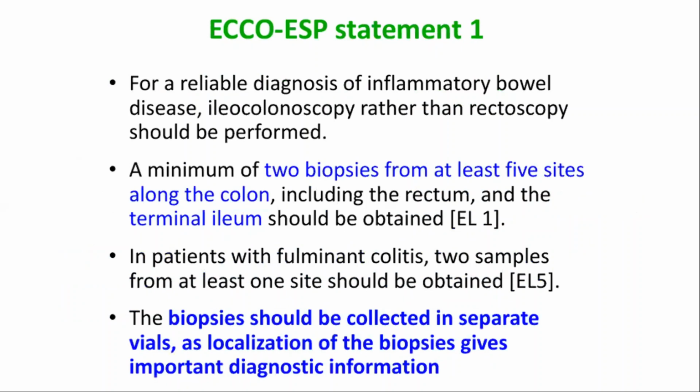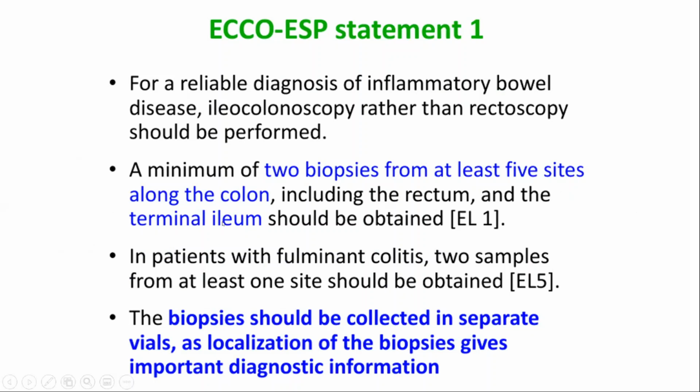Another statement from this consensus is that a reliable diagnosis should be based on ileocolonoscopy rather than just rectoscopy, and a minimum of 2 biopsies from at least 5 sites along the colon, including rectum and terminal ileum.